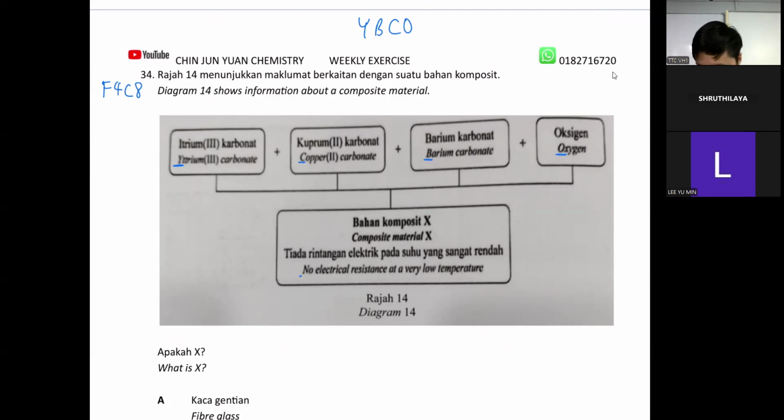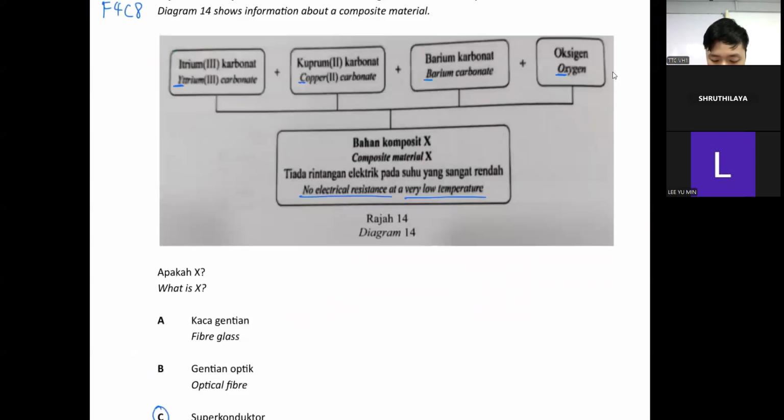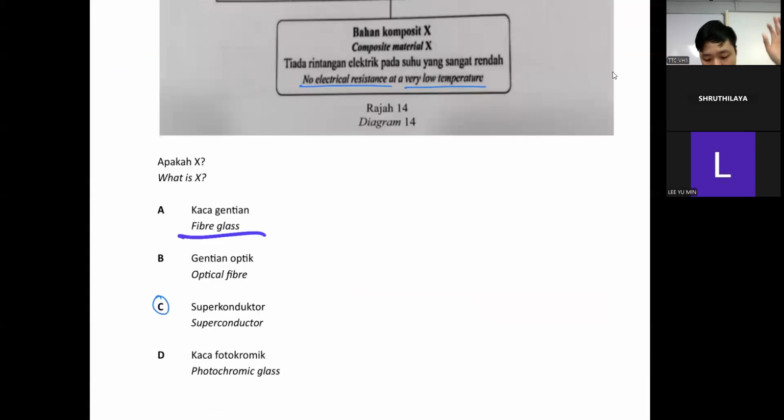No electrical resistance at very low temperature. This is a superconductor. This is 8.4, chapter 8.4, composite material. Composite material has 5 types. Go and look back. So you have fiberglass, optical fiber, superconductor, photochromic glass, reinforced concrete.